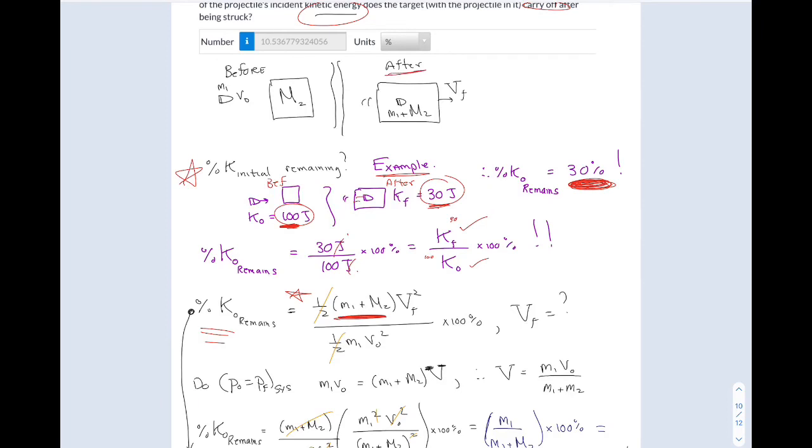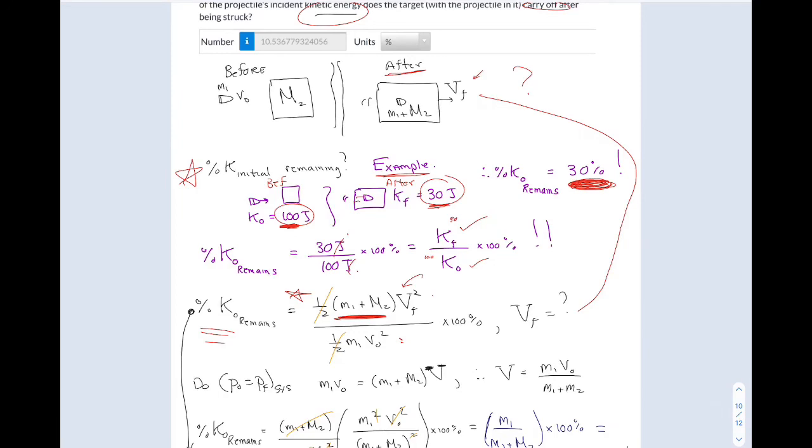In my original picture, I'm using a capital V for the velocity of the combination. So I have K final on the top, K initial on the bottom, just the bullet. The halves go away, but I don't know what that capital V is.